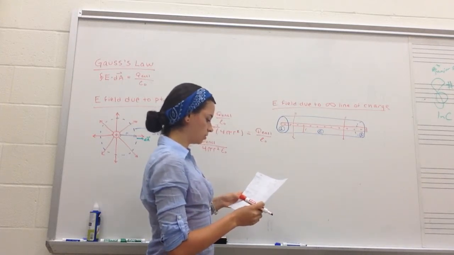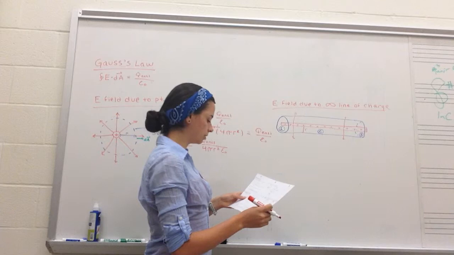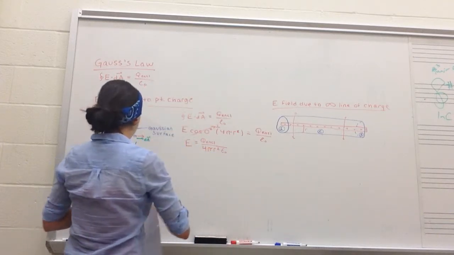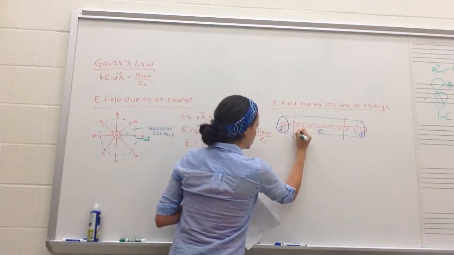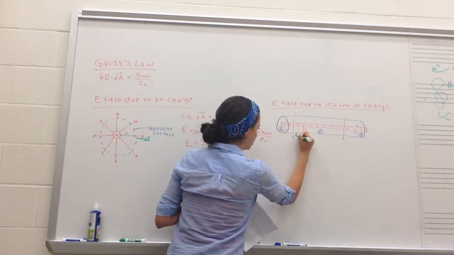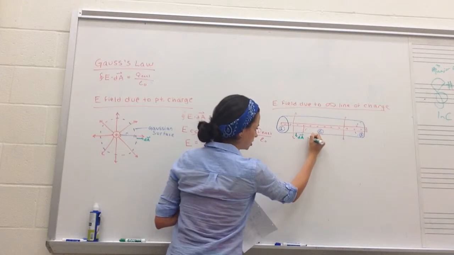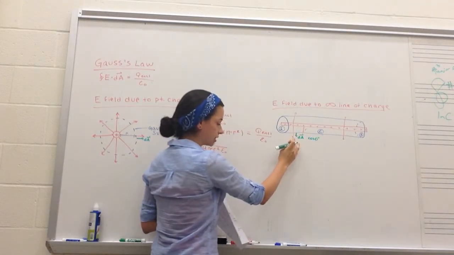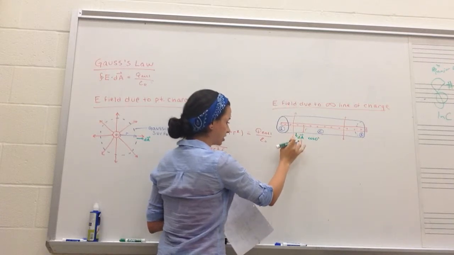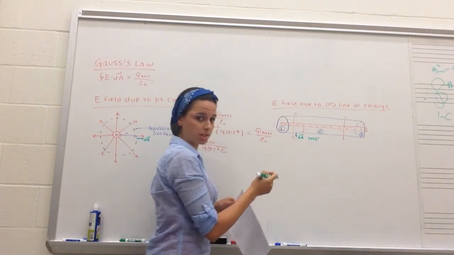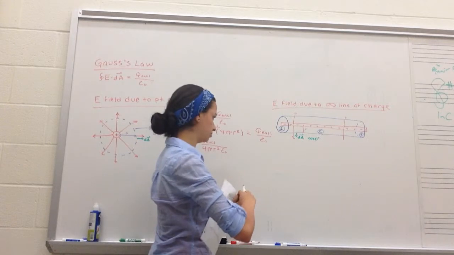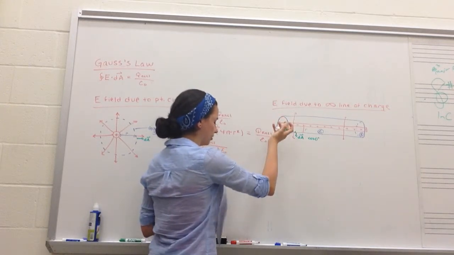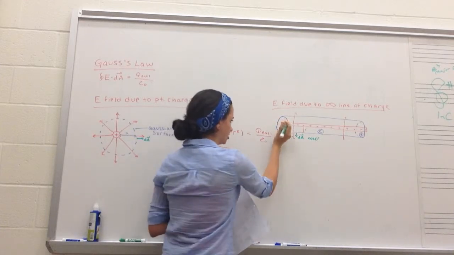Okay, so, oh, and we can draw a flux angle, again, like we did here. We see that the dA vector here makes a cosine of 0 with the electric field arrow, but over here it would make a cosine of 90 because the surface of the Gaussian surface is pointing this way.